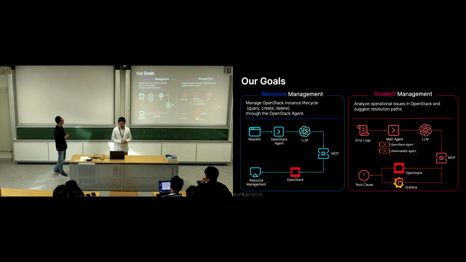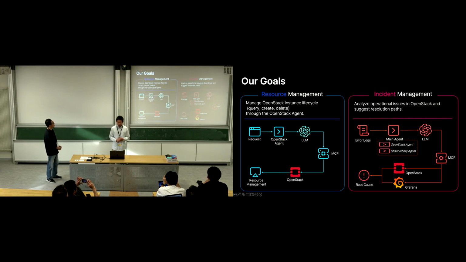Next, I'll explain how we apply the K-agent system in our real system that Seungkyu described earlier. We have two main goals for implementing K-agent. The first is to manage the OpenStack resource life cycle using natural language rather than a predefined CLI or UI console.